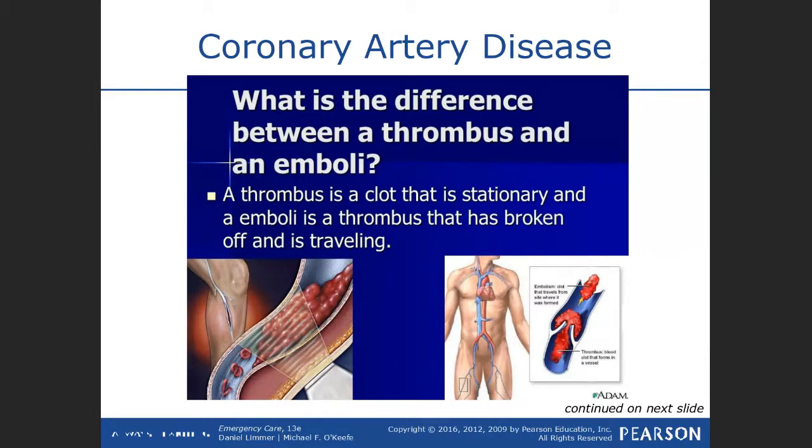Does anybody know what that condition is called? Pulmonary edema is fluid in the lungs. When a blood clot breaks off and travels to the lungs, it is called a pulmonary embolism. Very good, a pulmonary embolism.